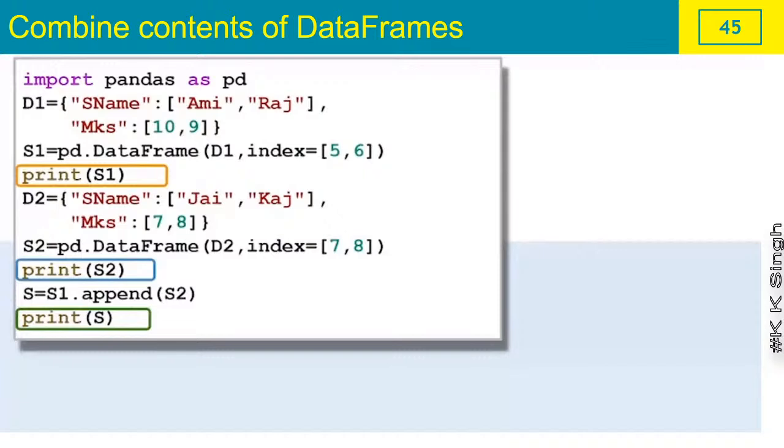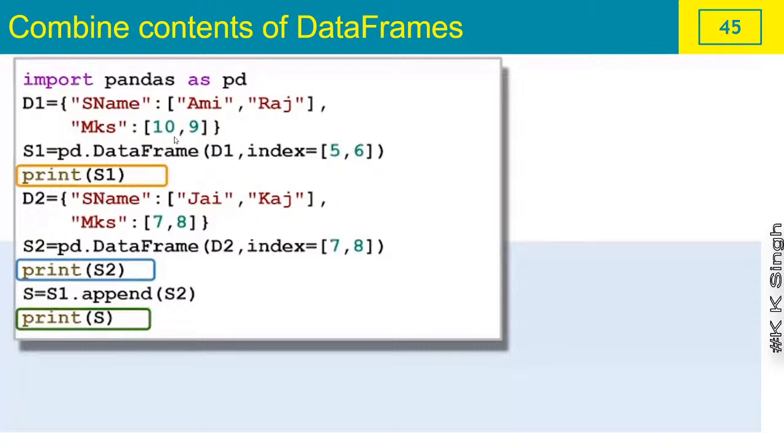Corresponding to the key S name, we have Ami and Raj, and MKS is another field, and its values are 10 and 9. So this is the complete dictionary.